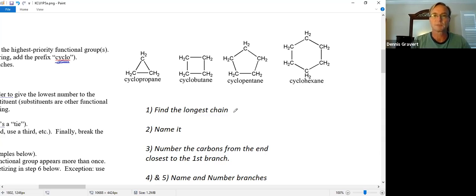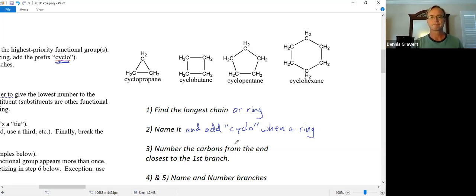That's modifying step 2. So we'll take a couple notes here. We add cyclo when there's a ring. And then we're going to do everything else the same. Well, let's see some examples.